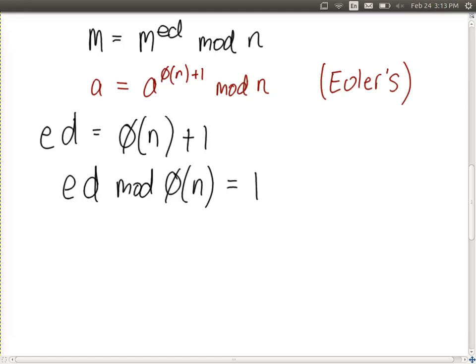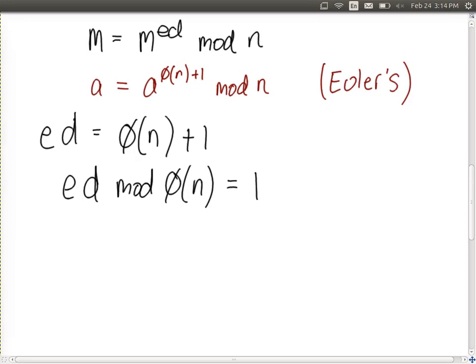Something times something equals 1 in modular arithmetic. What do we call that? Right, sometimes we call it a multiplicative inverse. Remember? An inverse in multiplication is when you times two numbers together and you get 1. So we say E and D are multiplicative inverses of each other. When are they multiplicative inverses? When they're relatively prime in the totient of n.